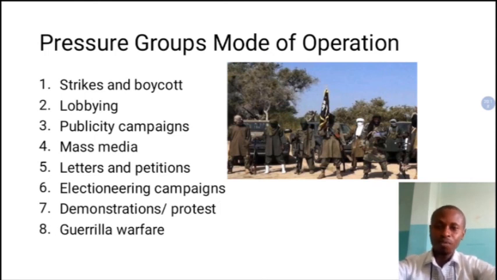Now, publicity campaigns, this one originated from USA, moving house to house, street to street, talking to people, canvassing for people's support, making people to understand what they are asking for so that they can get the support of the people. That's publicity campaigns. We also have mass media.